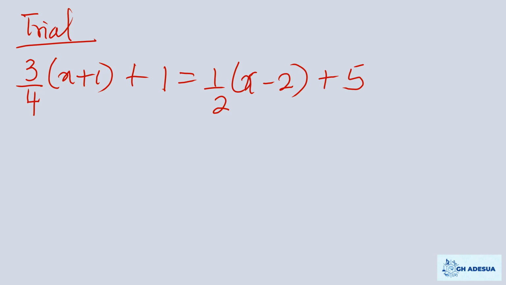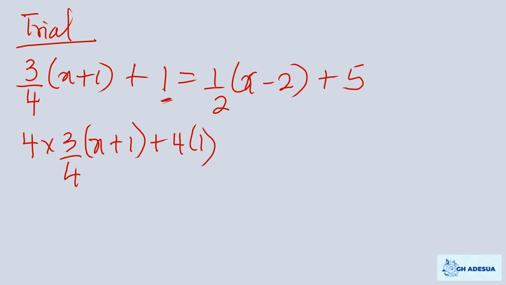So it goes like this: 4 times 3/4 into bracket x plus 1. Because the 3/4 is multiplying the bracket, we don't multiply x plus 1 by 4 as well; multiplying by 4 just deals with the fraction. However, this one is standing alone, so it will be plus 4 times 1.